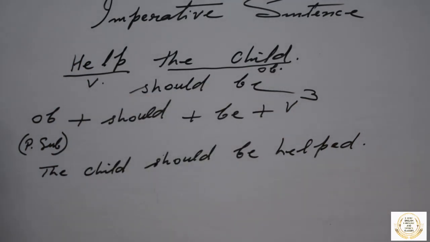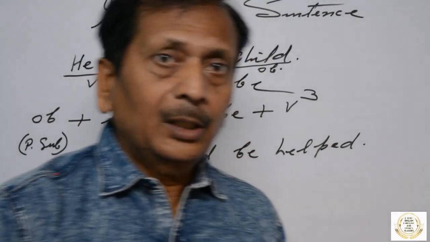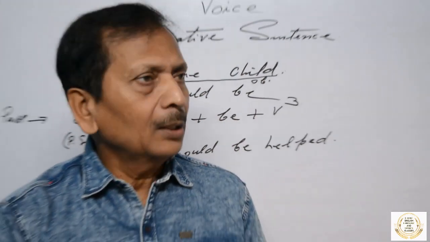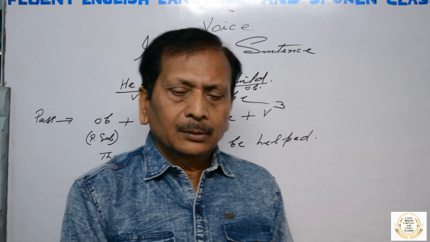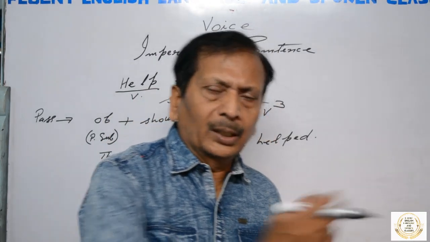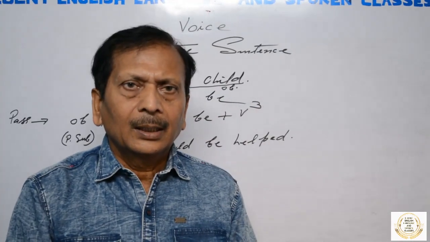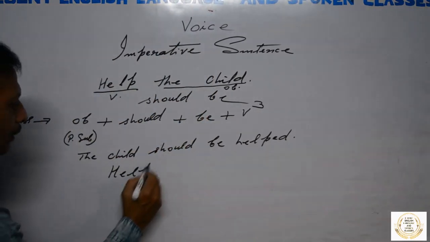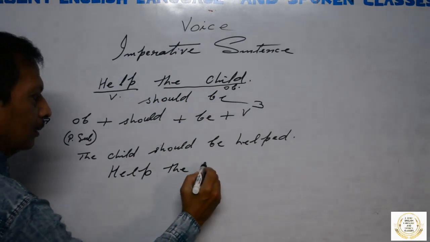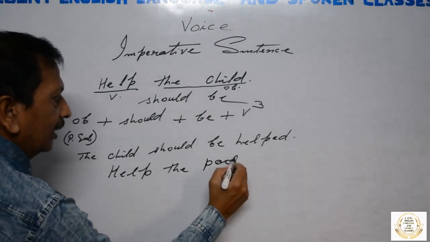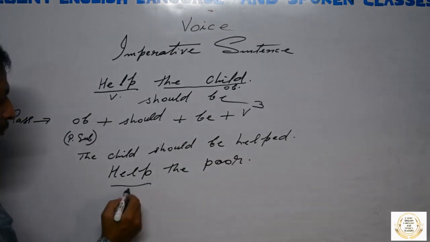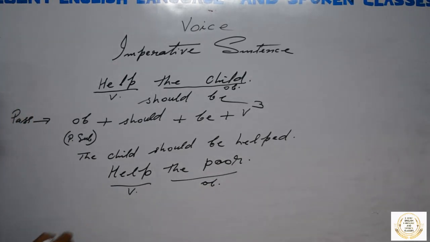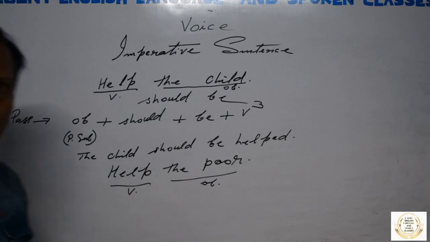Likewise, when an imperative sentence gives the idea of advice, help the poor. Then this is your principal verb, this is your object, and it gives the idea of advice.